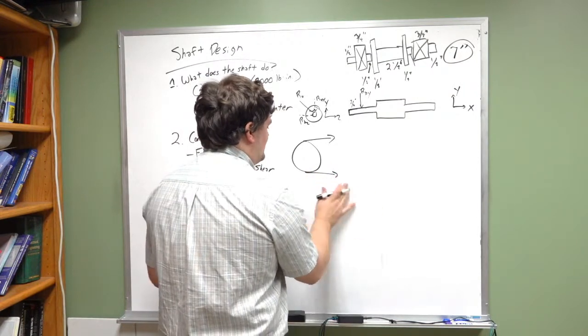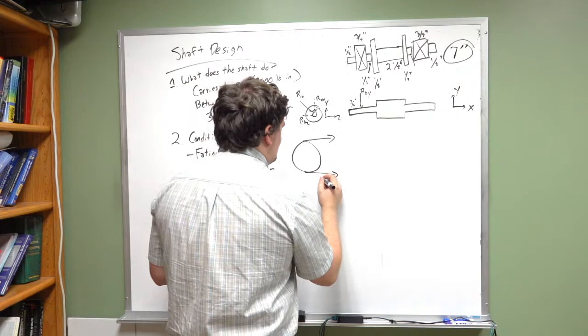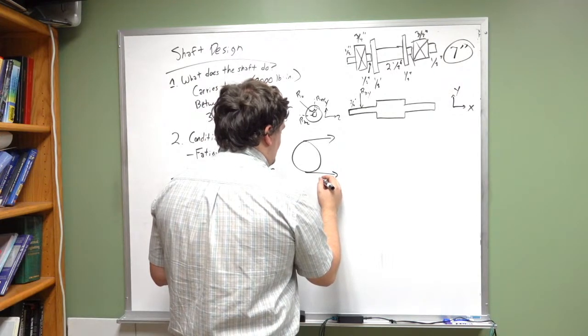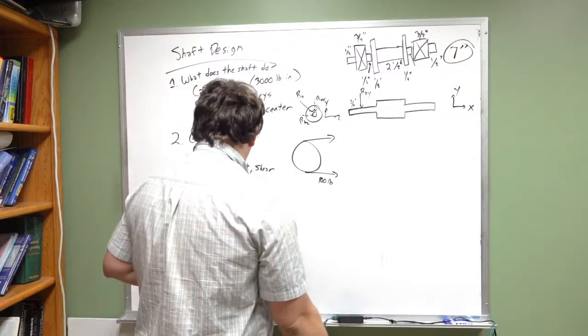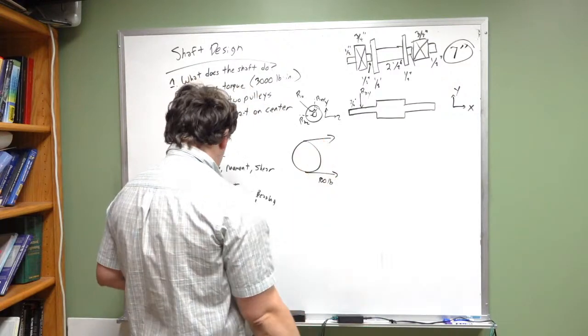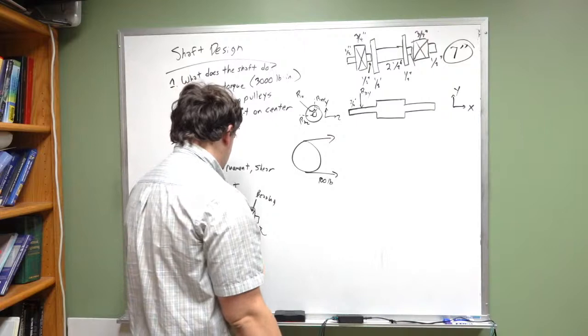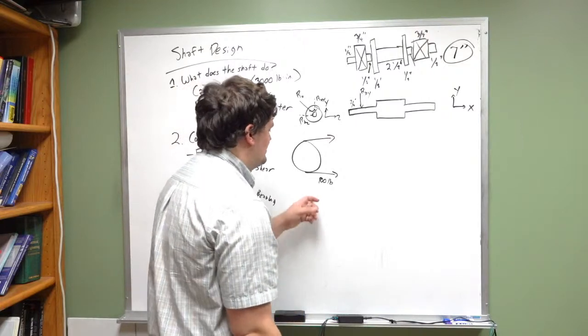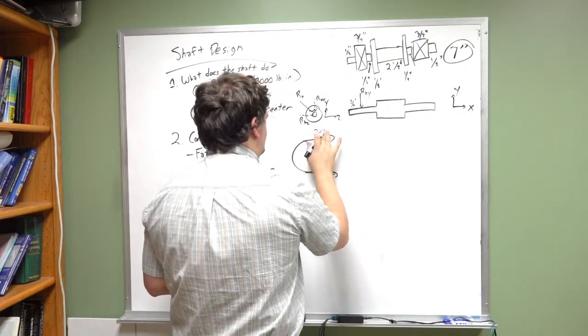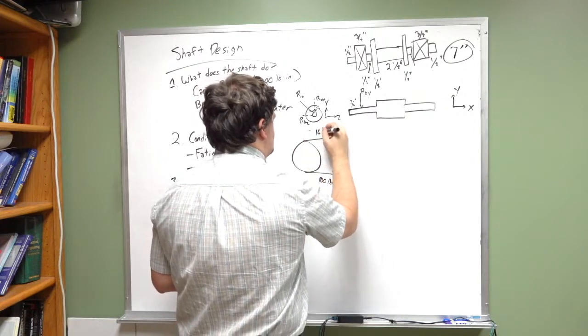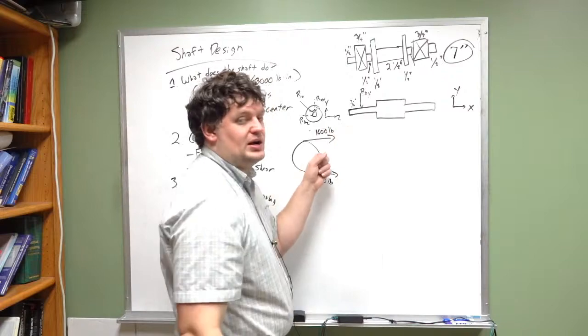I guess, you know what? We'll go ahead and say that maybe it's got a 100-pound tension load on the bottom. Okay, and then we'll go up here and we'll say, okay, in order for this to have 3,000 pound-inches of torque, that means this is going to have to be 1,600 pounds being carried by one side.